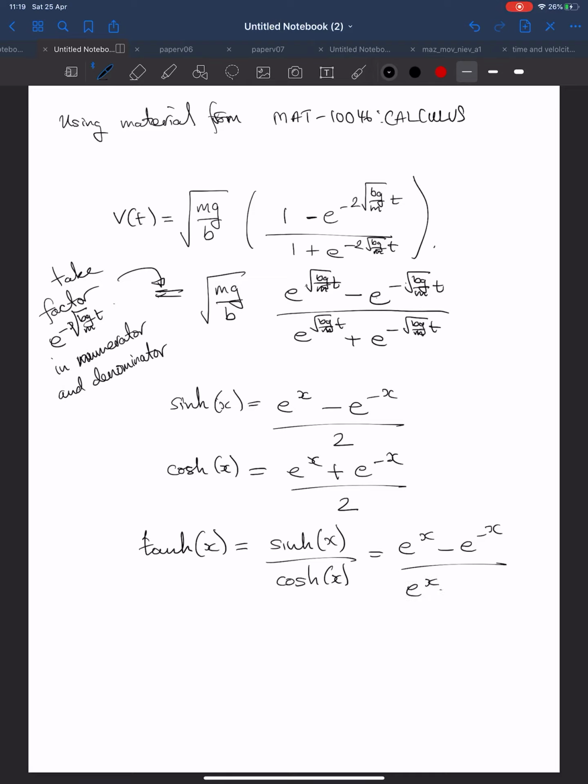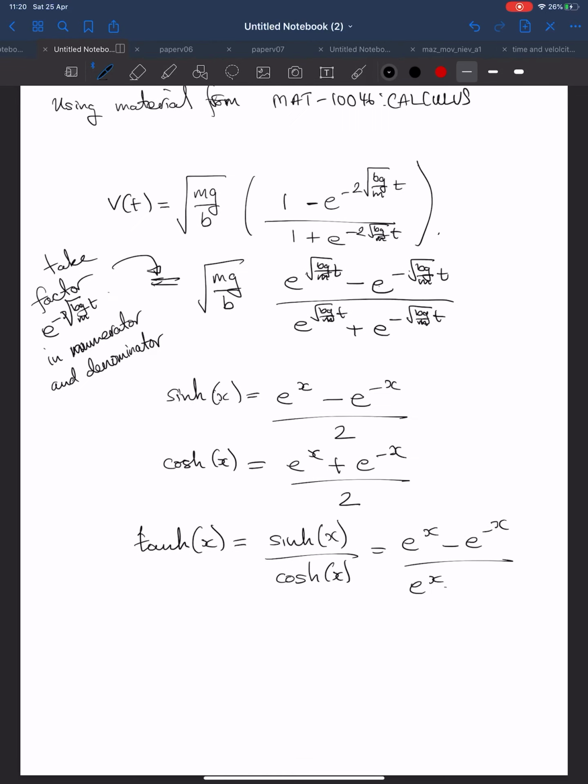My definition for cosh is wrong. Sorry. It's this. Okay, so you can see this is actually in our formula, now with the x replaced by square root bg over m times t. So v of t is now this. Tanh. I call it tanh, tan hyperbolic. And you have the following: square root bg t.